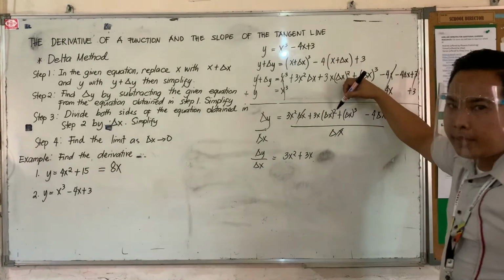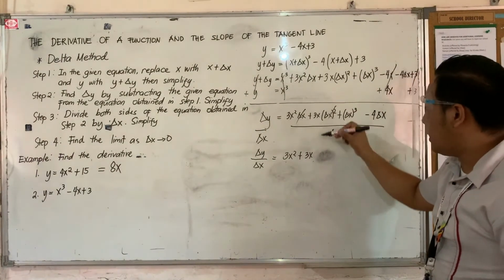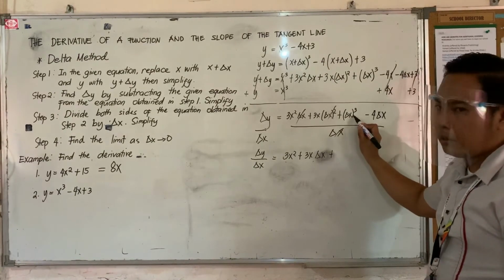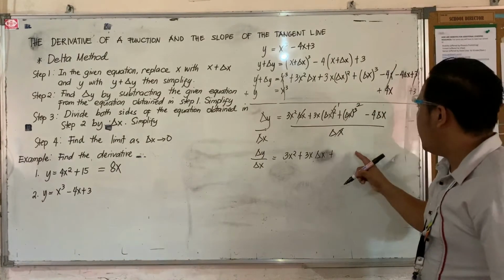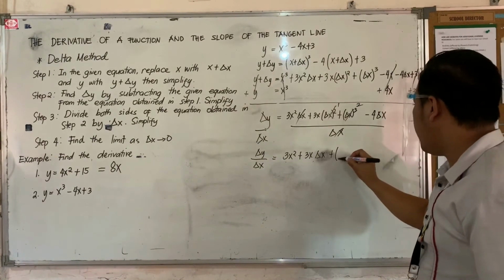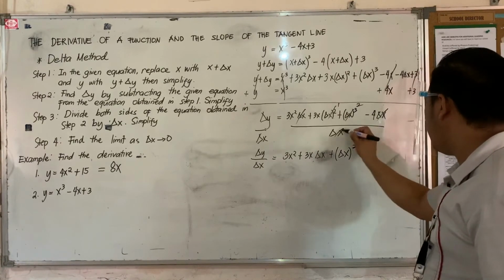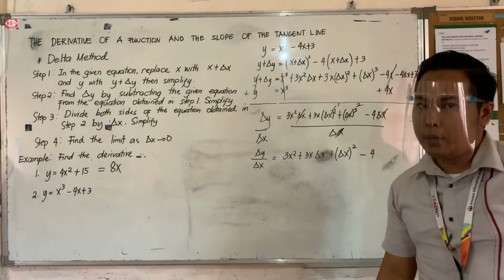Since dalawa yung delta x dito sa numerator, iisa sa baba, may maiiwan pa rin isang delta x dito kasama ng 3x. Plus, since tatlong delta x, iisa dito, magiging dalawa yung sa ating last term. So, magkakaroon pa rin tayo ng dalawang delta x. Minus, cancel yan, minus 4. So, this is now the new equation.